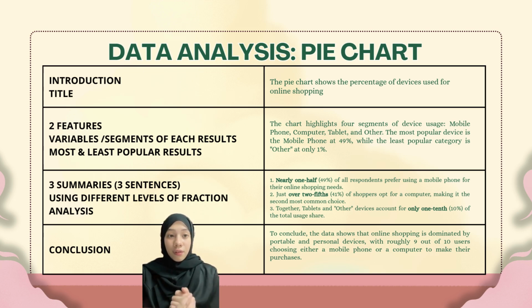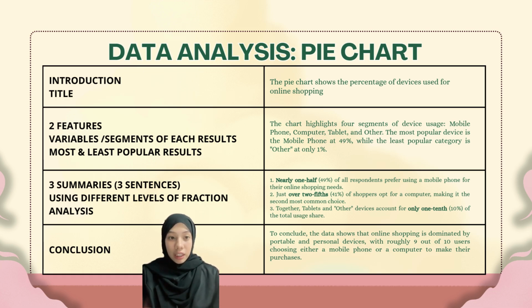Nearly one half, 49% of all respondents prefer using a mobile phone for their online shopping needs. Second, just over 2/5, 41% of shoppers opt for a computer, making it the second most common choice. Number 3, together, tablets and other devices account for only 10% of the total usage share.